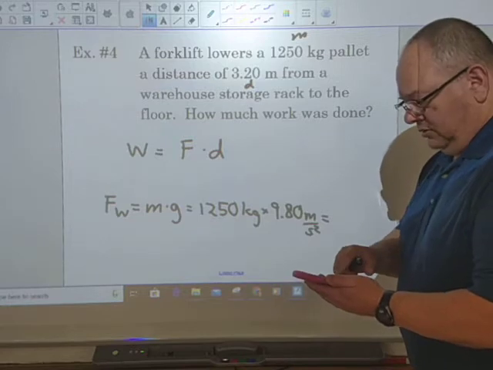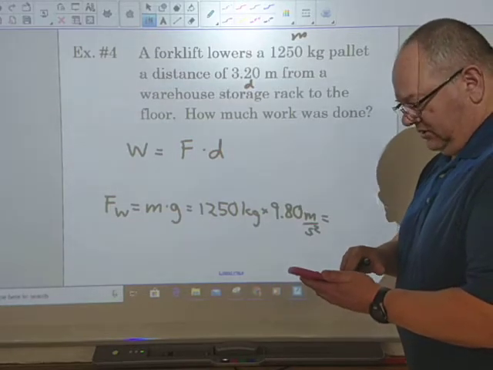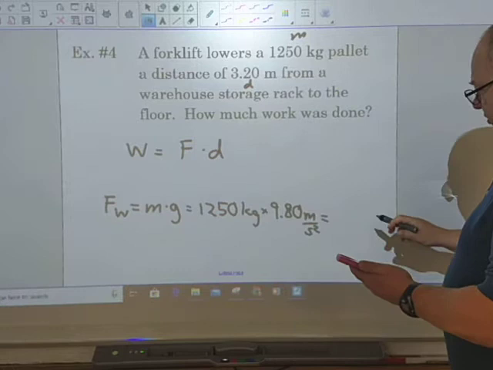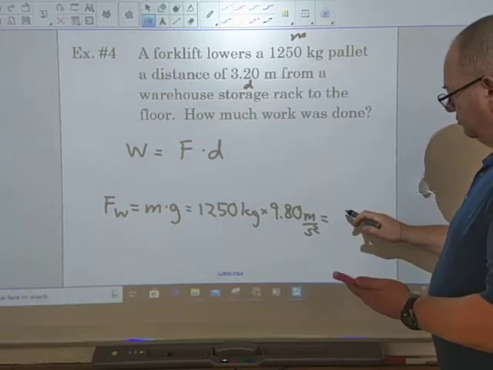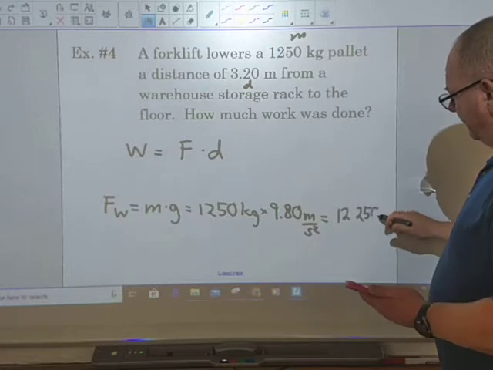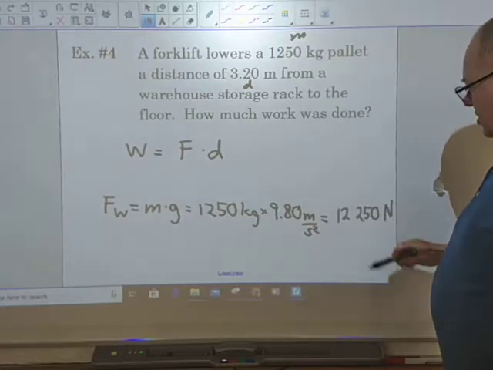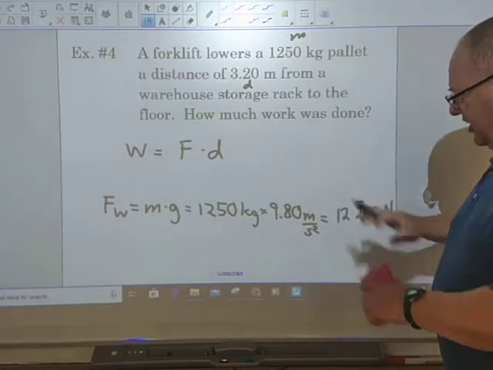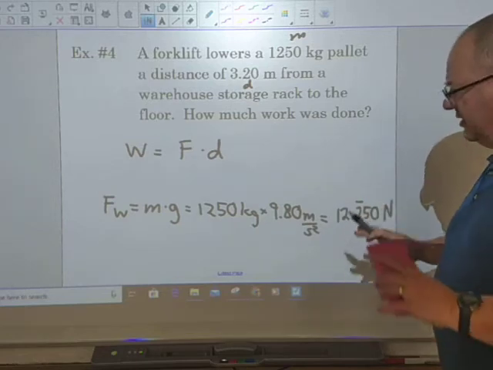1,250 times 9.8 equals 12,250 newtons. Now that would have only 3 sig figs, but I'm going to round that off at the end, not right now.